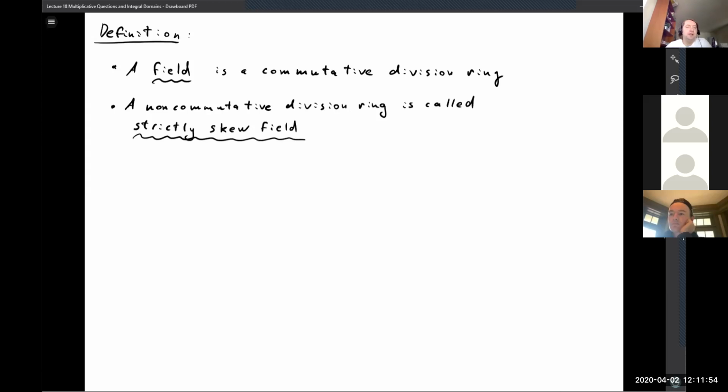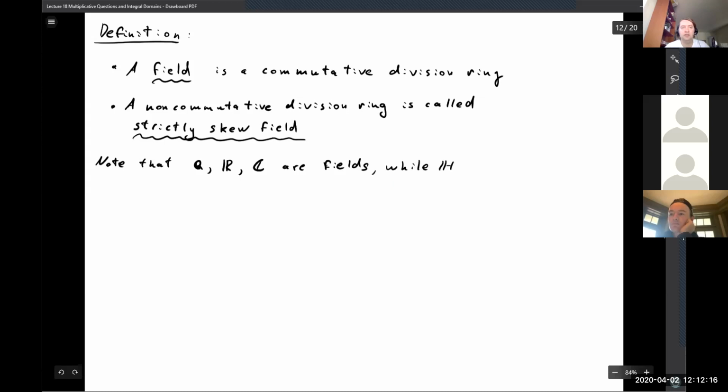And here, note that Q, R, C are fields, while H is a strictly skew field.